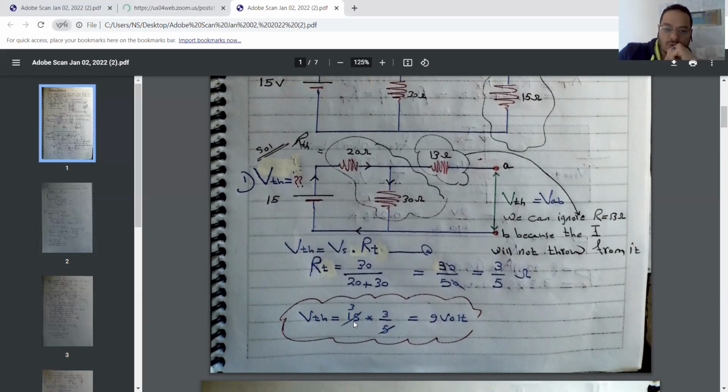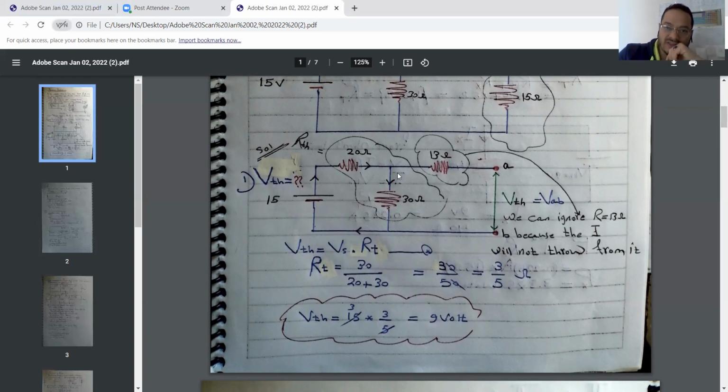Here, the final value of the voltage VC, I repeat, not VTH, VC equals 10 volts. Why? Because it depends on Vs, a known value given by the author, equal to 15 volts.